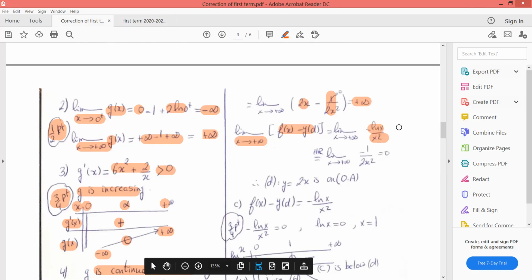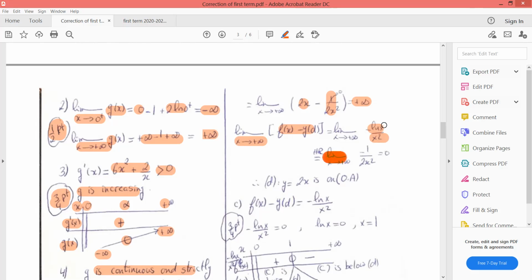So we get minus infinity over plus infinity. Indeterminate, we apply L'Hospital's rule. Derivative of minus ln x is minus 1 over x, and derivative of x squared is 2x. Overall it gives minus 1 over 2x squared. Minus 1 over infinity, a number over infinity, is 0. Then the line D, y equals x, is an oblique asymptote to C at plus infinity.